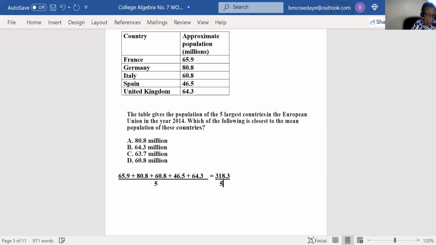And if we do that, we get 63.7. So what is the answer? C. C is 63.7 million. So answer C. Okay. All right. Let's go to the next one.